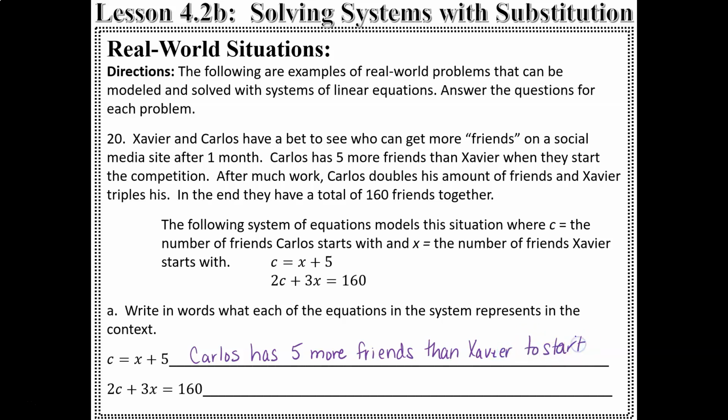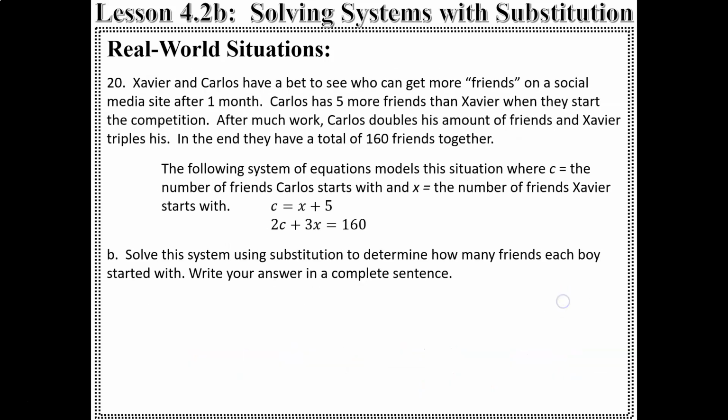And then the next piece says, at the end, Carlos doubles and Xavier triples to end with 160 friends. Okay, that's what those two things mean. So let's solve them.